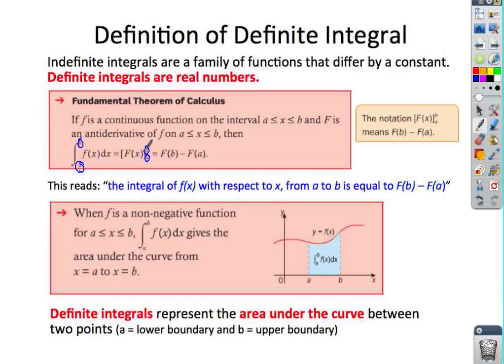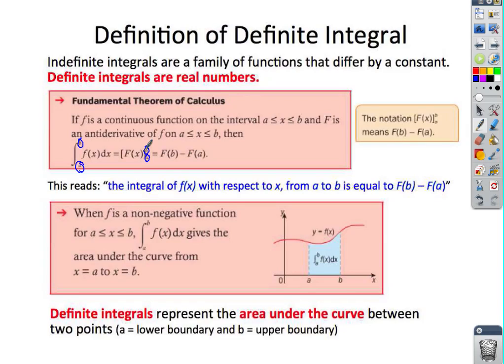It's a lot wordier than the solution really is. This line is read as the integral of f of x with respect to x from a to b is equal to capital F of b minus capital F of a.